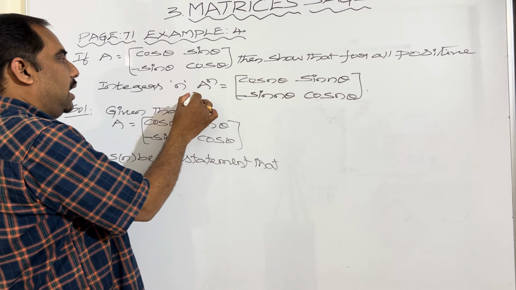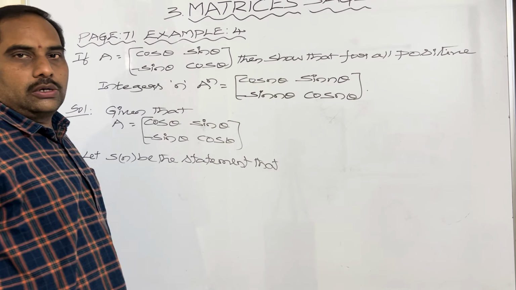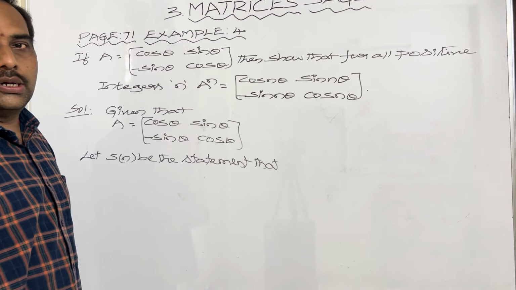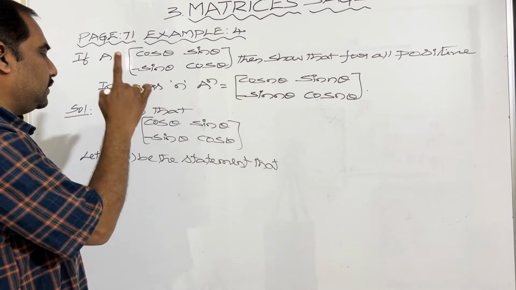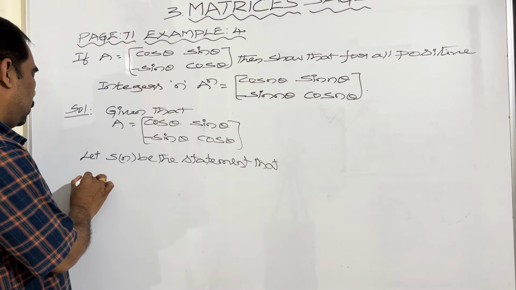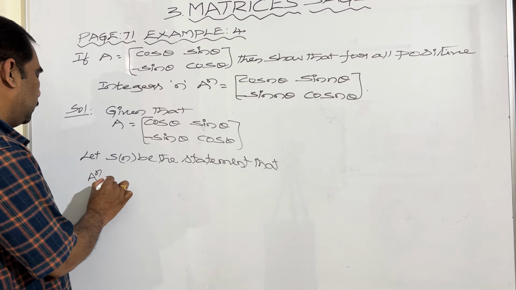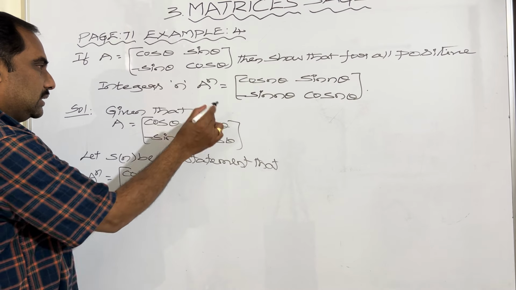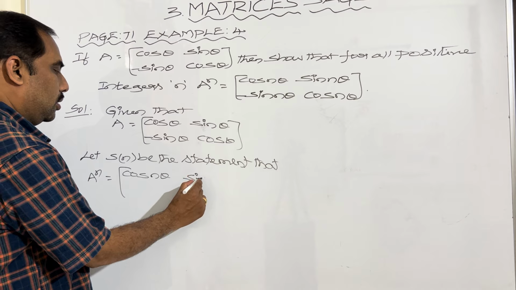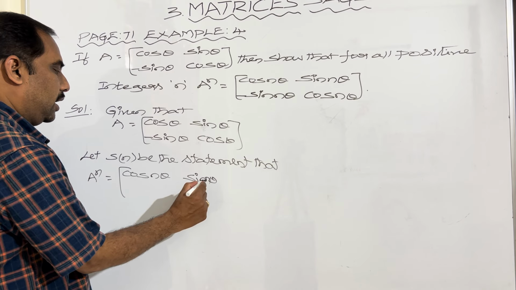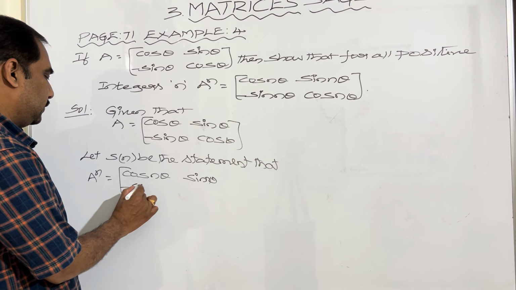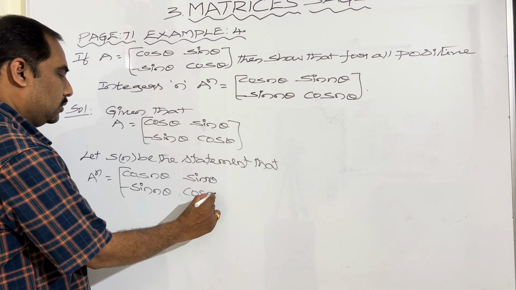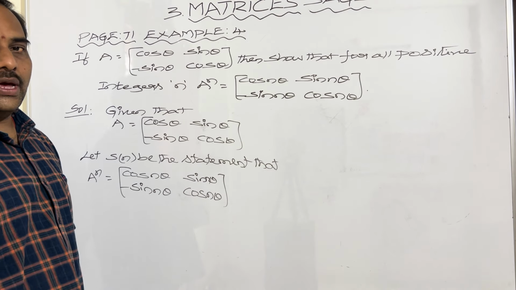Here the matrix A power n is equal to cos n theta, sin n theta, minus sin n theta, cos n theta. This is S of n.